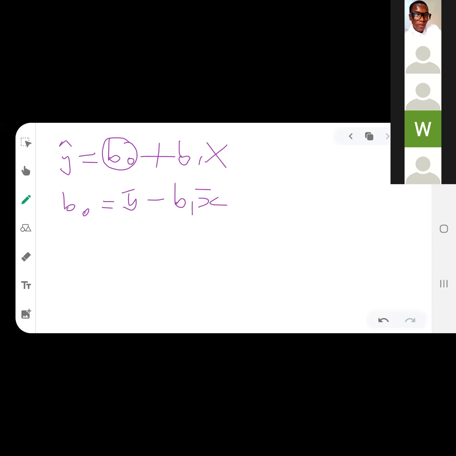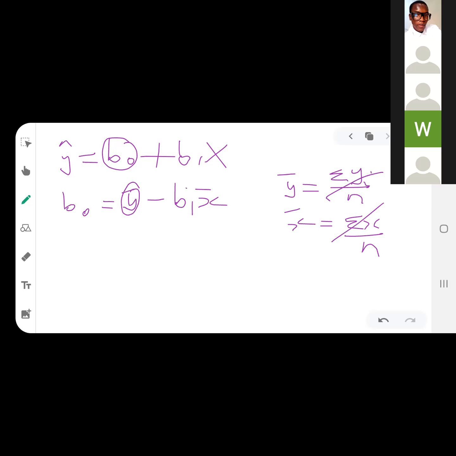Make sure you don't forget this, where your y bar is the mean of outcomes, so it's the sum of y over n, whereas your x bar is the sum of x values over n. But you are not going to calculate using these formulas. You are just going to use your calculator.